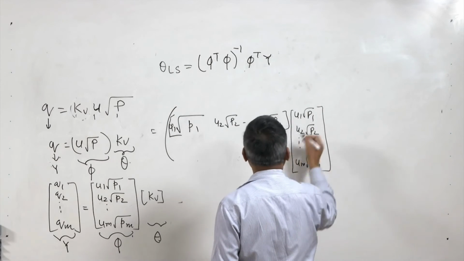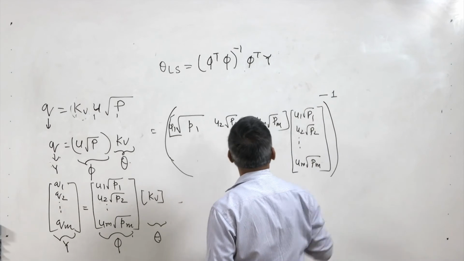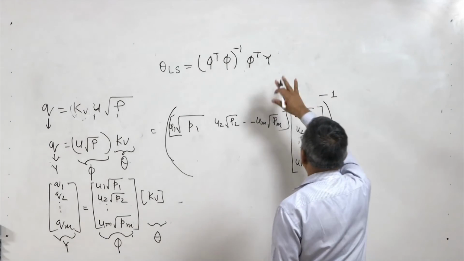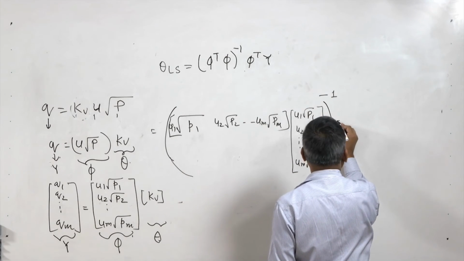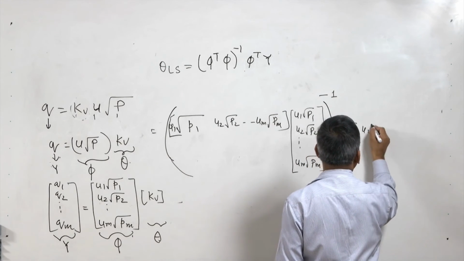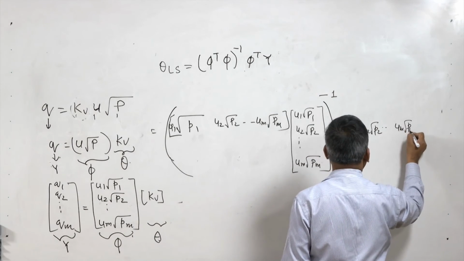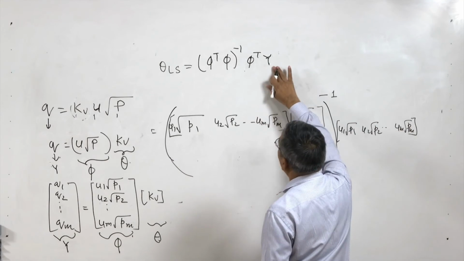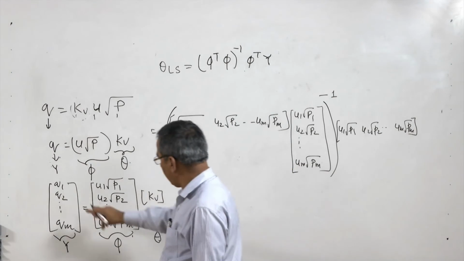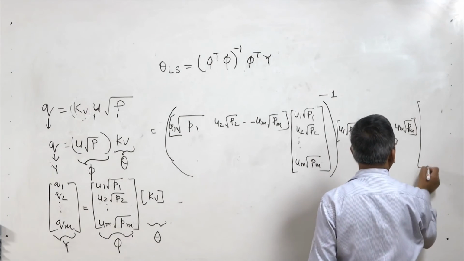And then whole to the power minus 1, inverse, into again this transpose, u1 root p1, u2 root p2 and root pm. Then the y value, and as you can see here, it is these q's, q1, q2 and qm, so these things are known to me.